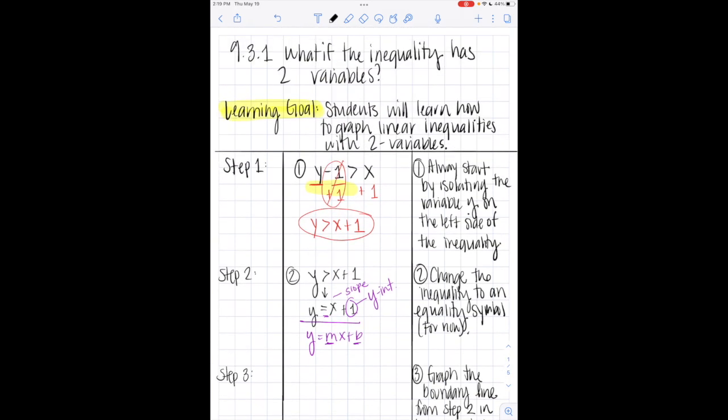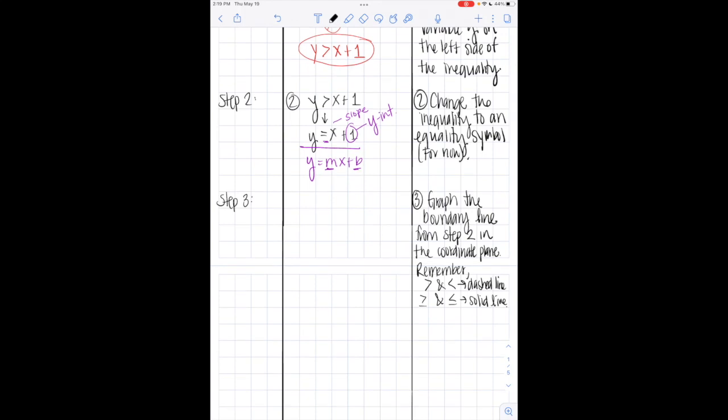The boundary line that we're talking about here is going to be the equation that we got in step 2, which is y equals x plus 1. So let's go ahead and graph y equals x plus 1.